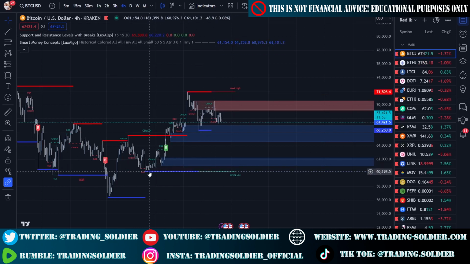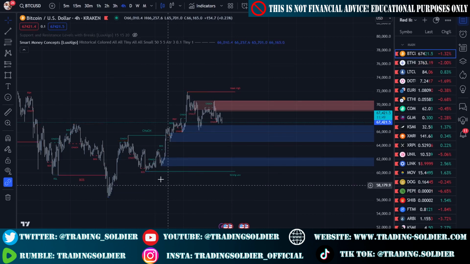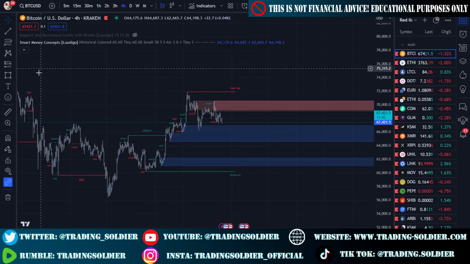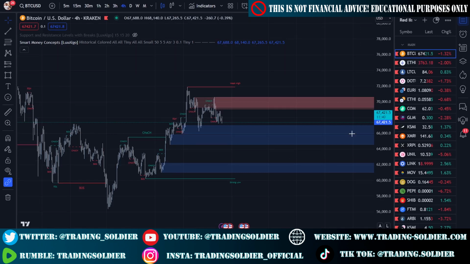You see the last swing low, last swing high, okay? But this indicator is much more complete because it's giving you the change of character, the break of structure, the bearish order blocks, the bullish order blocks. So if you ask me, I would rather use the Smart Money Concepts indicator from LuxAlgo, and you can also find in my channel a complete review about it, that is pretty useful.